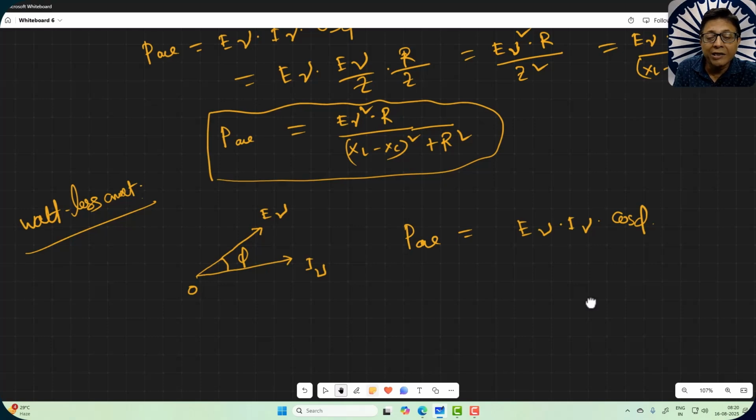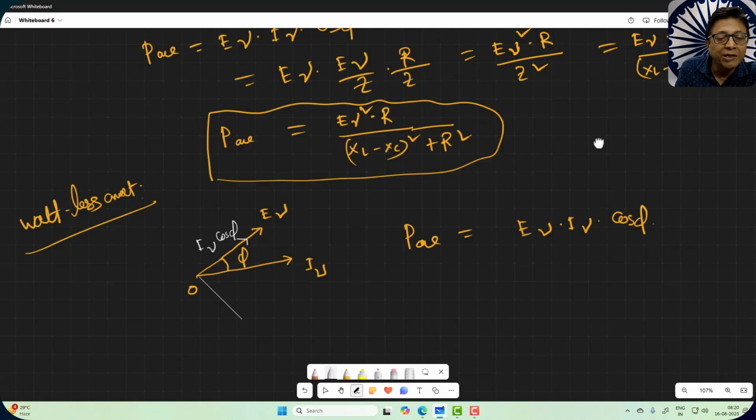Suppose this I nu, we resolve I nu into its two components. What are the components of I nu? We resolve it along E nu as I nu cos phi.